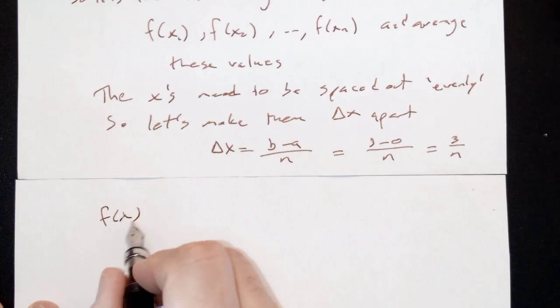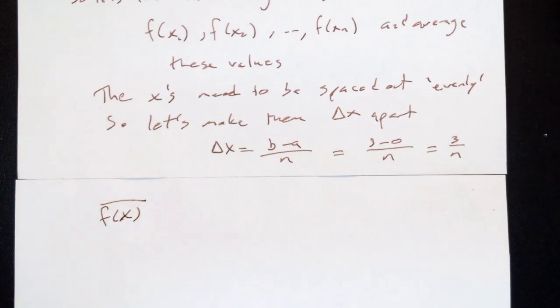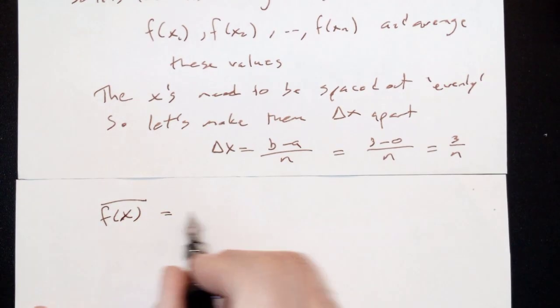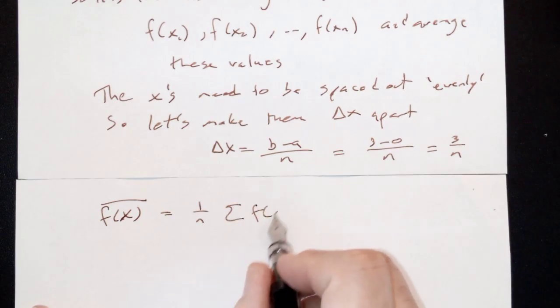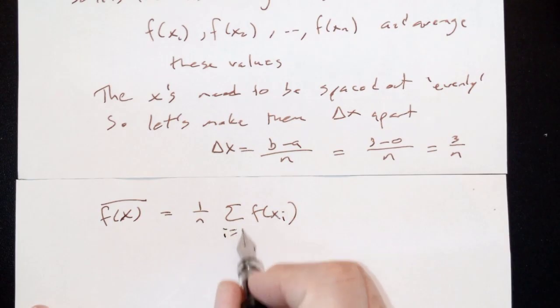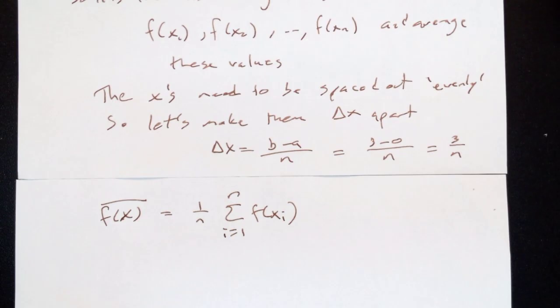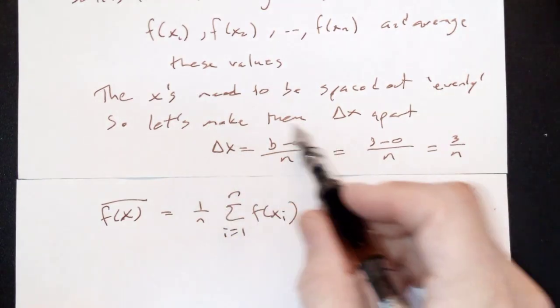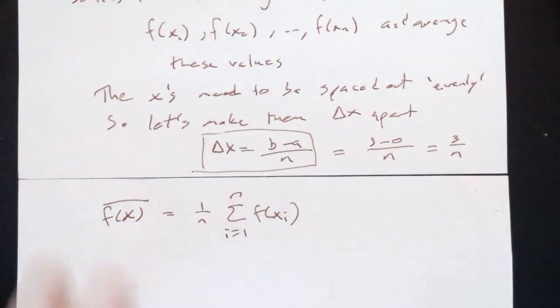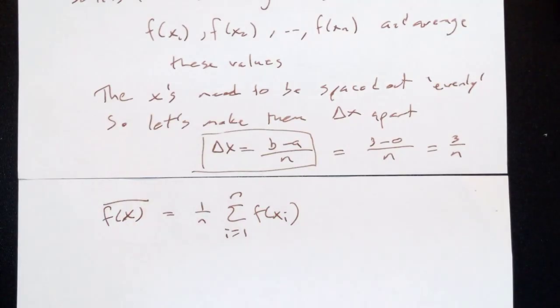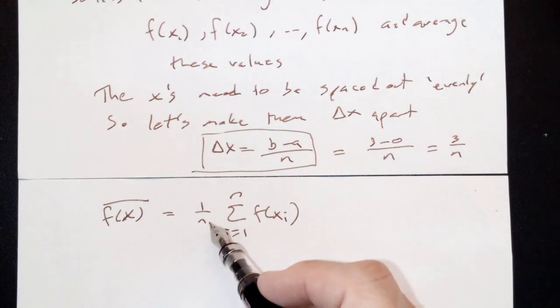If I want the average outputs, I'm going to take 1 over n times the sum of all of my xi's, right? I have a 1 over n here.